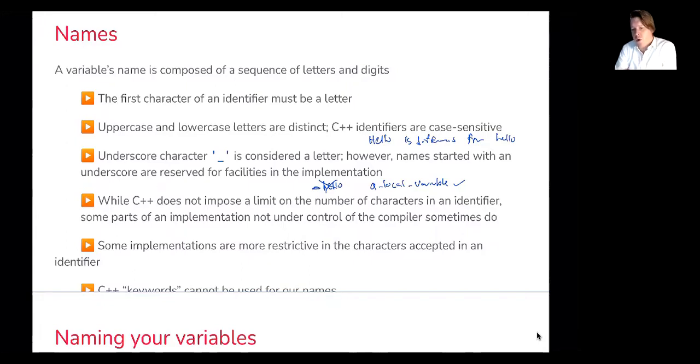Some implementations are more restrictive in characters accepted in an identifier. For a list of this, I'd refer you to one of the C++ resources available on the web. But for all our purposes here, this isn't something that we should be worried about if we're using characters from the English language with some underscores dispersed throughout it. C++ keywords cannot be used in our names. This would create a clash with those entities.